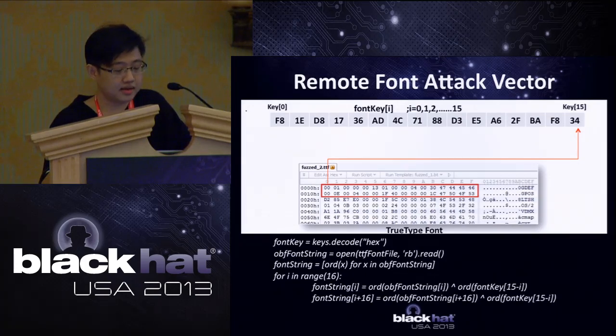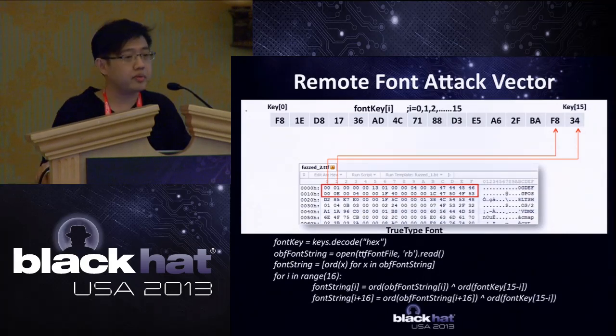As shown in the slide, the first 16 bytes of the TTF binary file will perform the XOR operation with the GUID key from key 15 to key 0, byte by byte. And to explain in more detail, the first byte of the TTF font, equal to value 00, will perform the XOR operation with key 15, which is equal to 34.